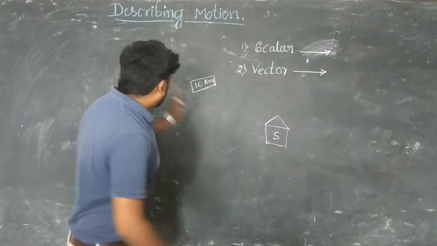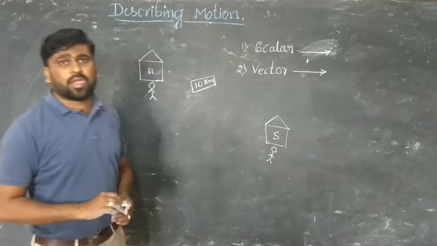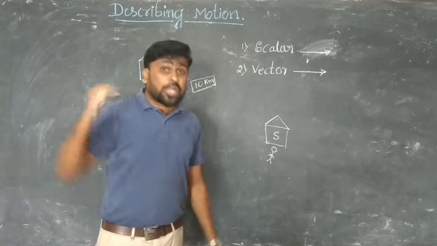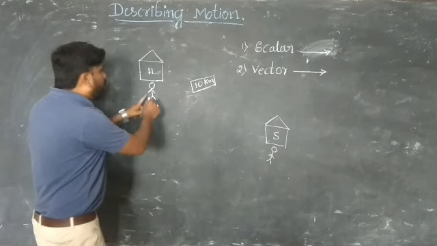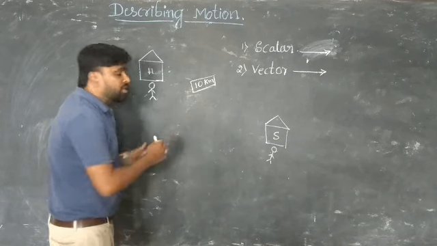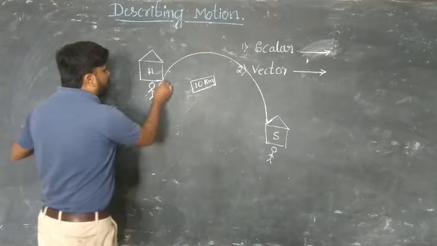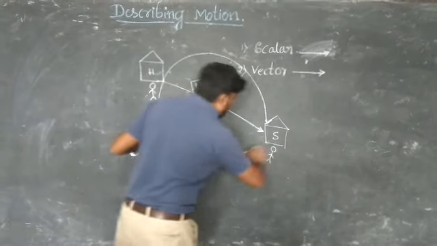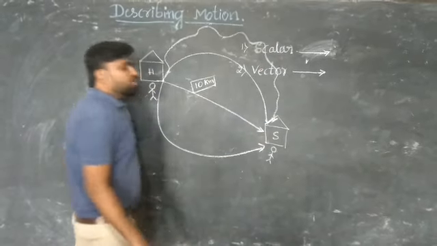Now you have come from home to school. Which direction did you come from home to school? There are so many directions. For example, you may have come in one direction, or straight, or by another route, or by going around.